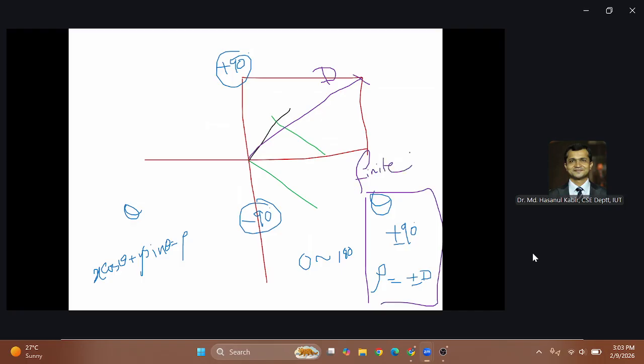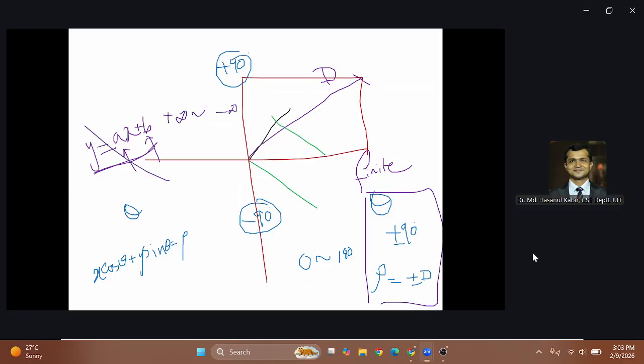Sanjil? Yes, sir. So in our previous representation of the line, we had y equals ax plus b. But the problem with this parametric representation is that the value of a and the value of b can have an infinitely big range, right? From plus infinity to minus infinity.